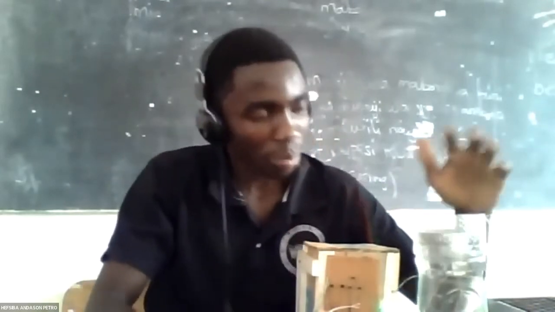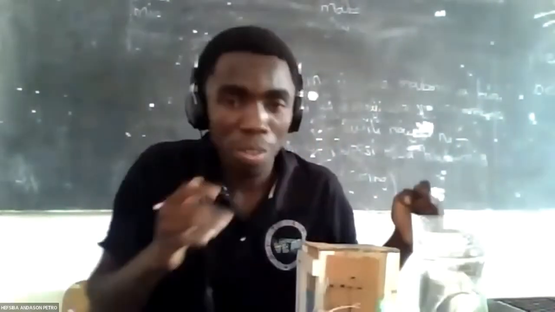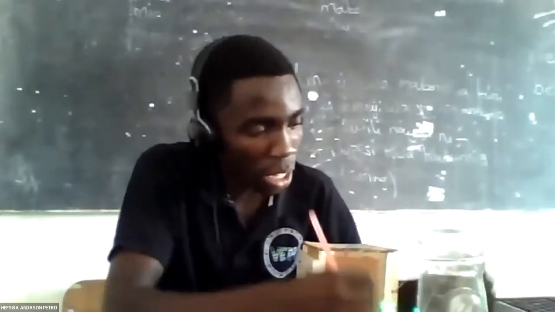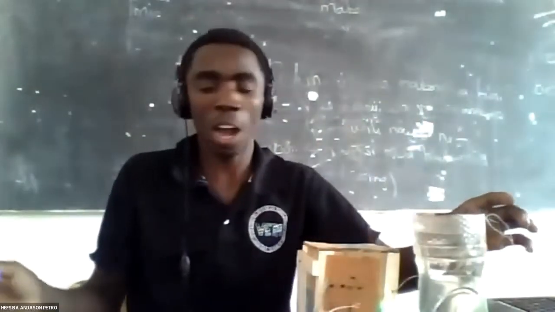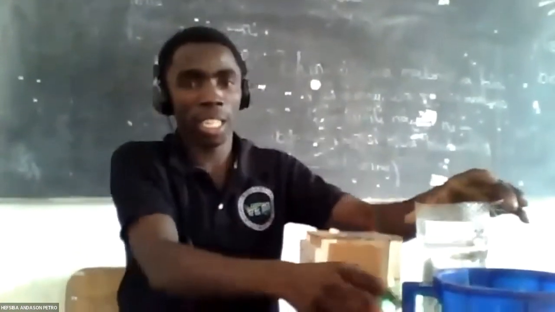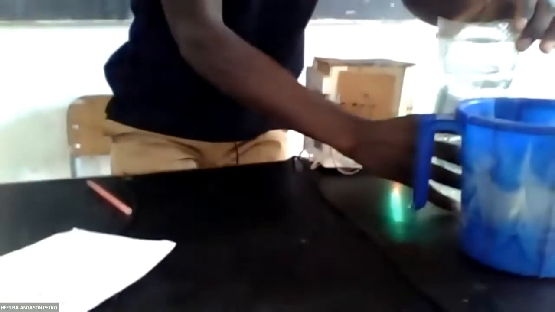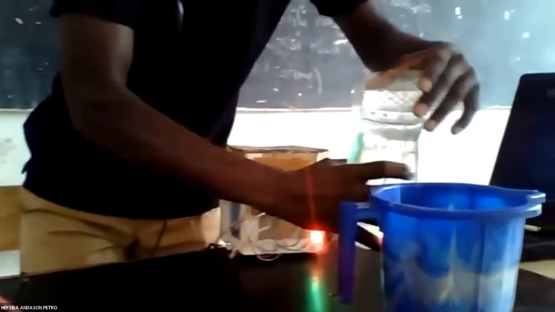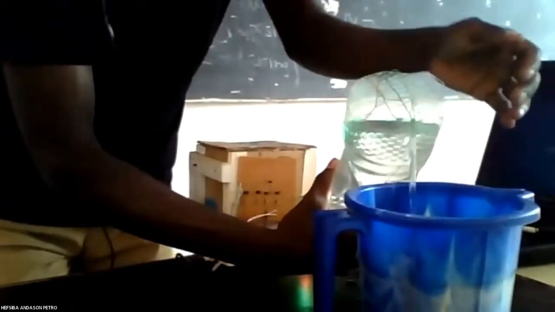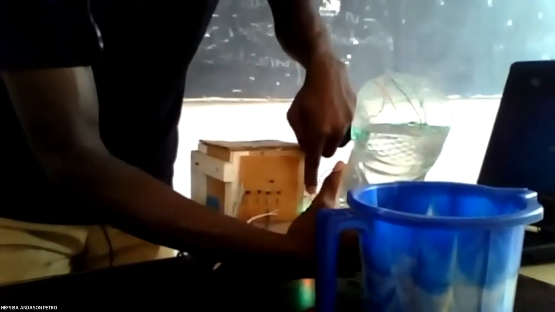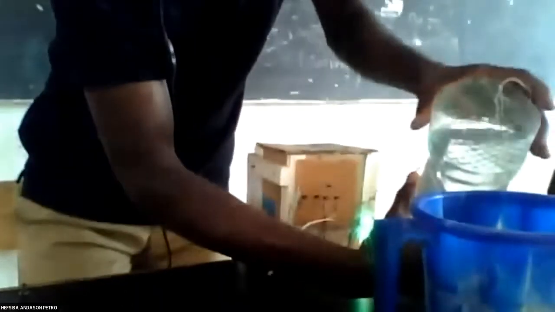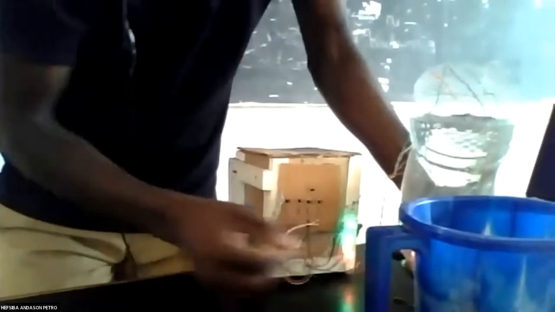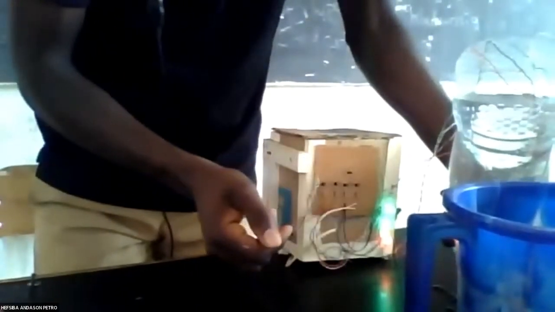So now let's look at how this will be shown when we remove the water from our tank. Now we take it like this. When the water is running off, we see that the first diode is going off.